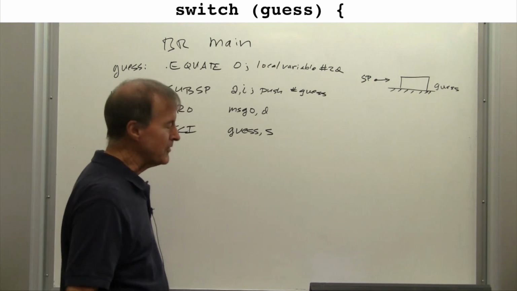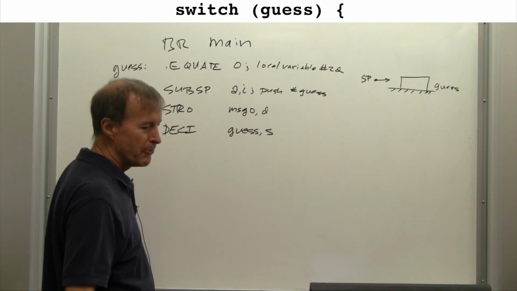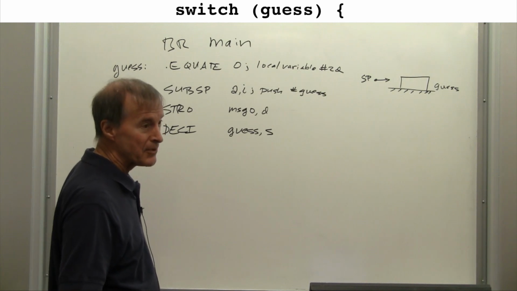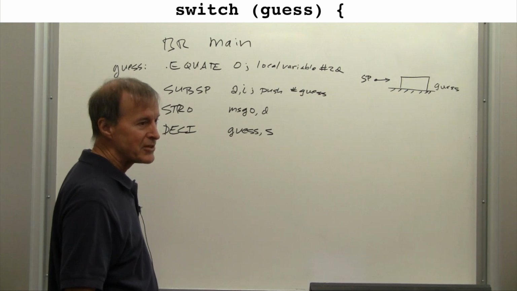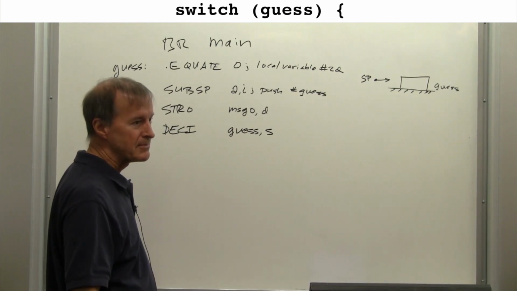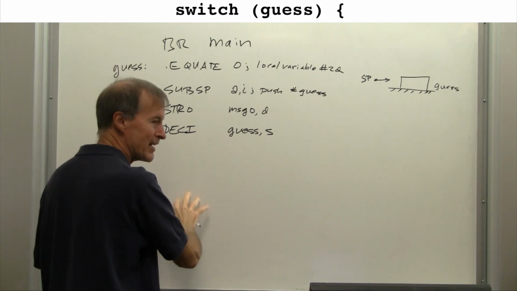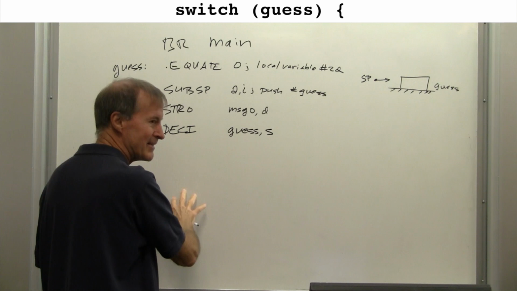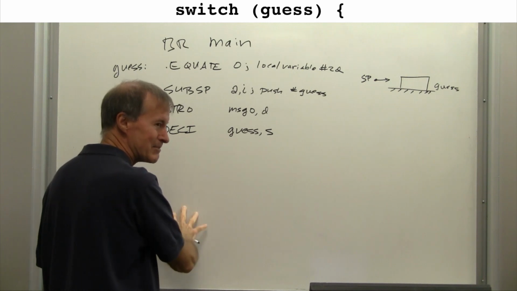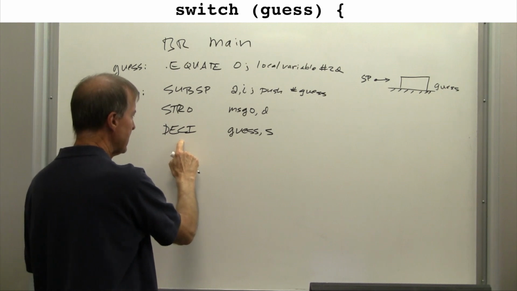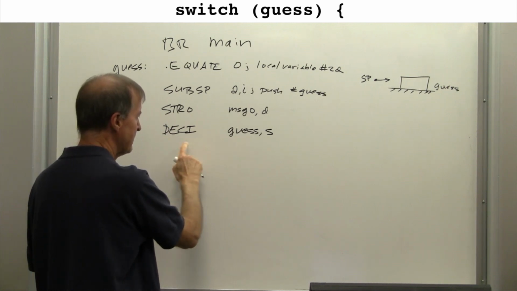Now what we're going to do is we're going to branch. Now we're going to use indexed addressing, right? So to use indexed addressing, what do we have to do first? We're going to postpone, we're going to put the jump table down here in a minute. So unfortunately, you can't see what the jump table is yet because we're going to branch around it later. But the next executable statement has to be what?